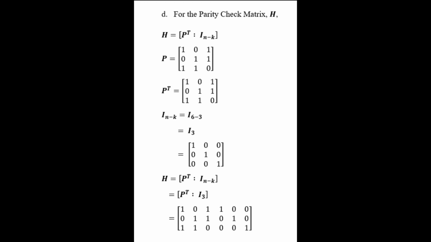Finally, to get the parity check matrix, the matrix P transpose and the identity matrix are combined, giving 101, 011, 110 on the left side and 100, 010, 001 on the right side respectively.